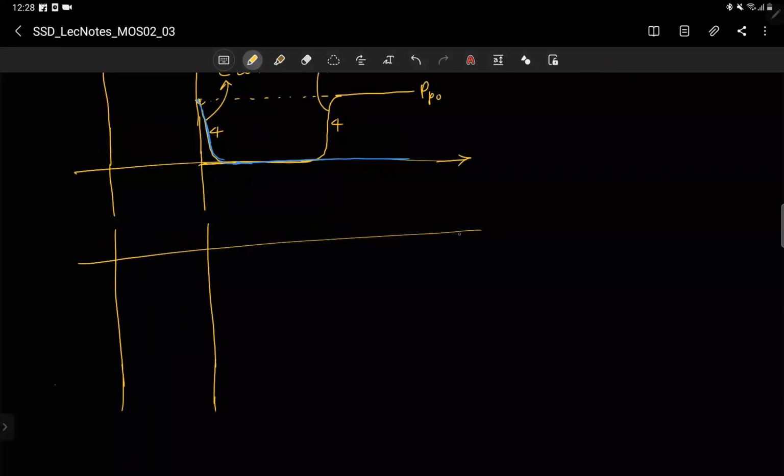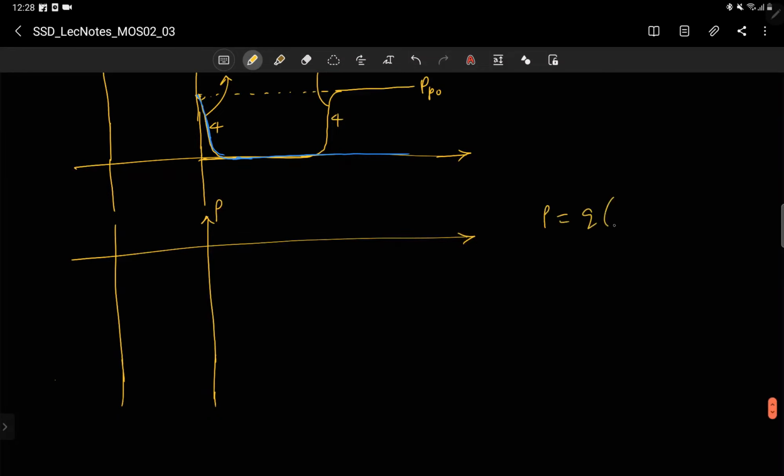I will draw the x-axis a little on top, and this is the space charge density rho, and rho is nothing but q times (p minus n minus Na). Here p is almost 0, because in this region p is almost 0, and in this region it is neutral. So wherever space charge is there, p can be negligible.